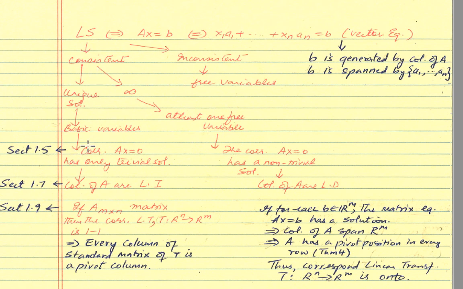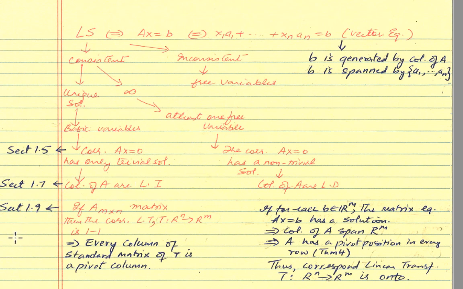Now, let's go further. If it has basic variables and a unique solution and the linear system is consistent, that means the corresponding homogeneous equation has only the trivial solution. That means every column of that matrix A is linearly independent, or every column is a pivot column.